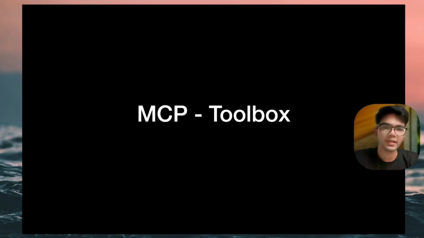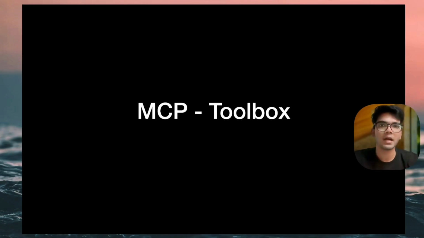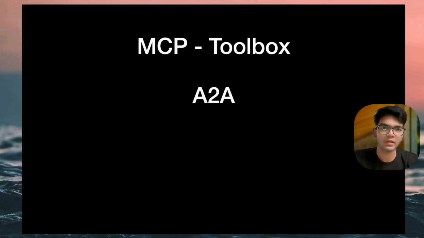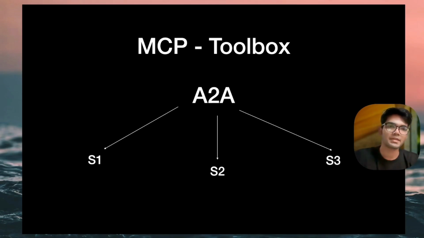To make it clearer, think of MCP like a toolbox, and think of the A2A protocol like specialist 1, specialist 2, specialist 3, and they have their own MCP toolboxes. So this makes it clear how it is different from MCP and what A2A is.